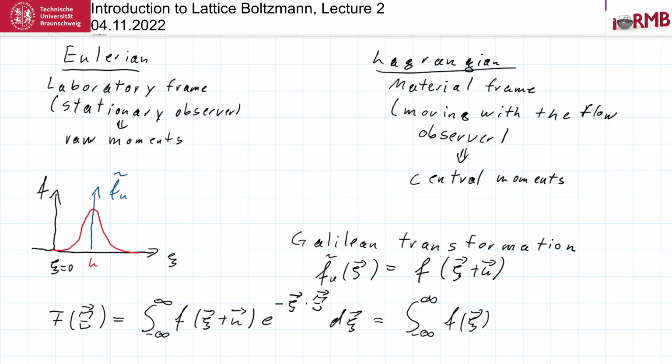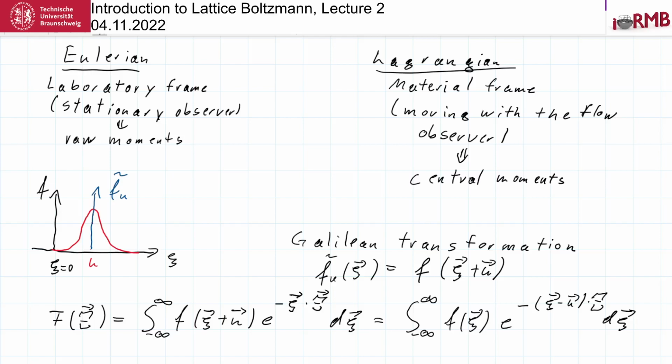When I shift the f by u, I have to shift the other part by minus u. And now I have this here in the exponent.